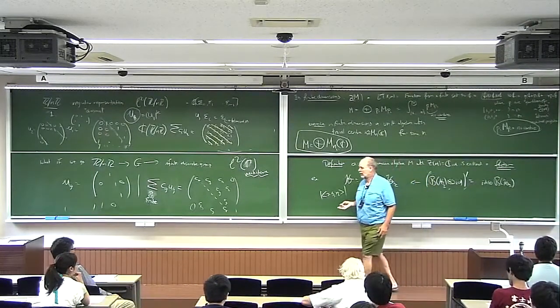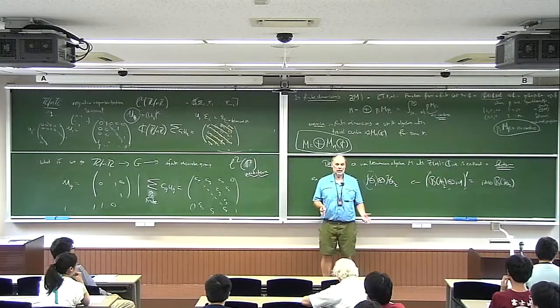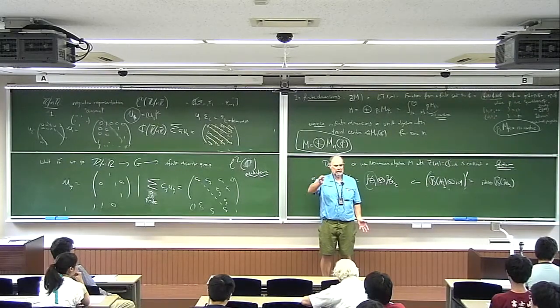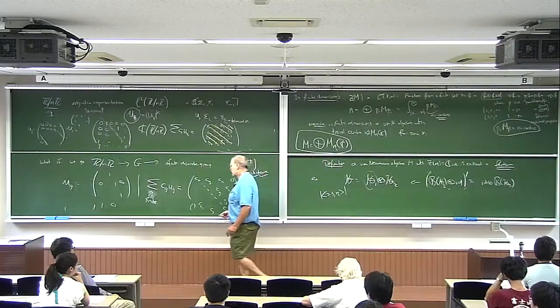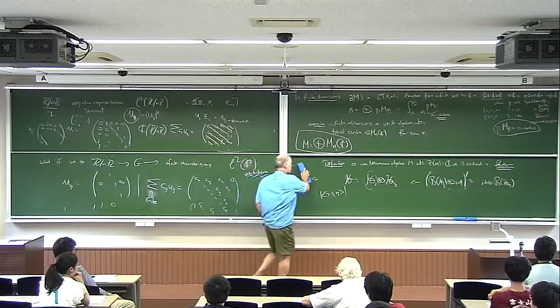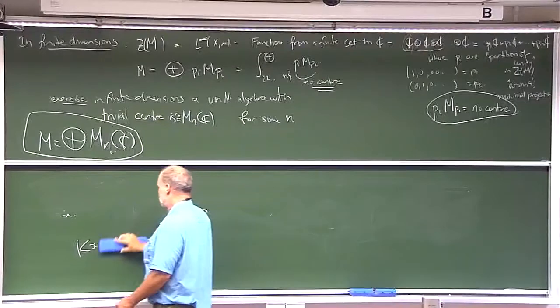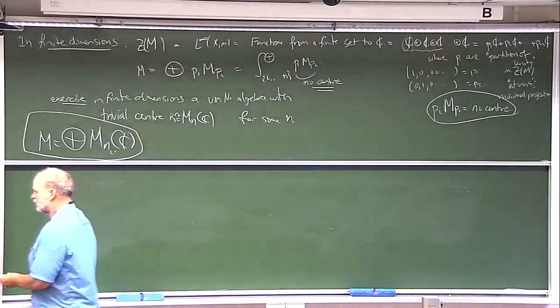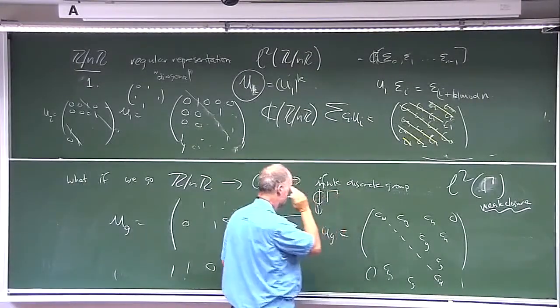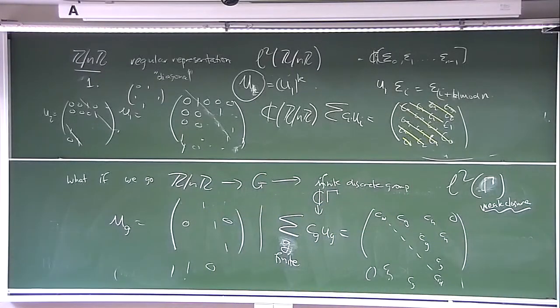So the point is that if you take a weak limit of such operators, then that weak limit will also have the property that the C's are constant down these diagonals. Okay? So, here's the big deal. We've got the group algebra, C gamma, and this is an element of it, a finite linear combination of the UGs, displayed as matrix coefficients.